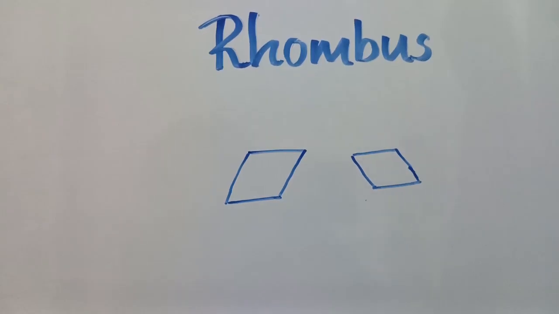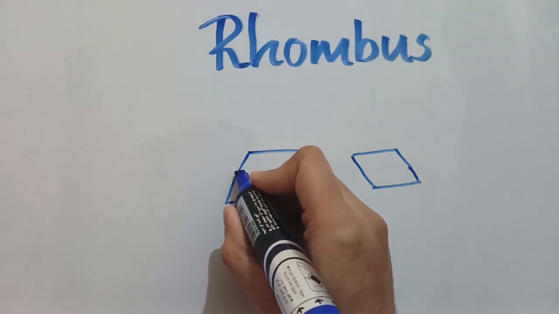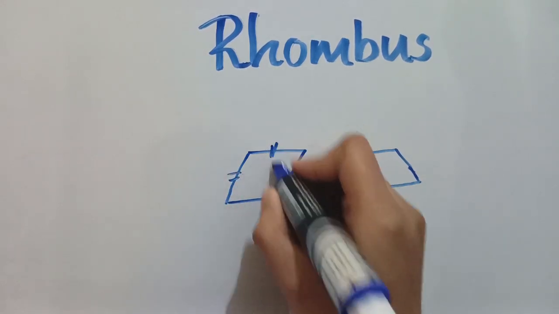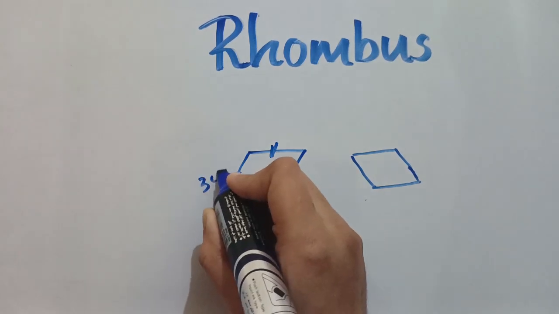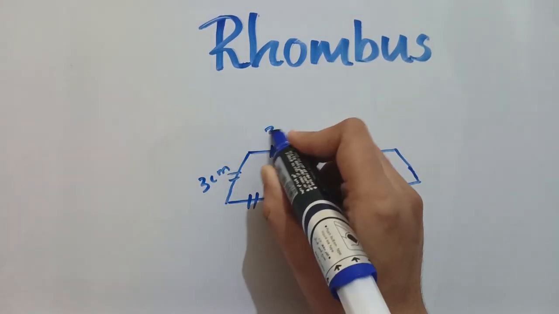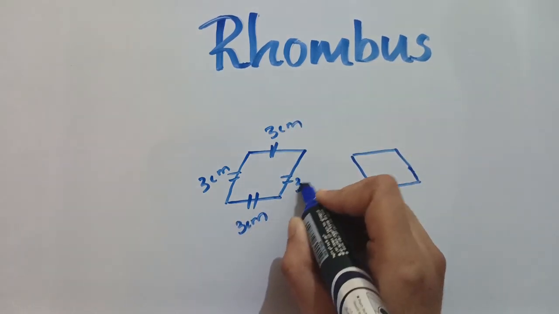Next we can discuss the rhombus. A rhombus is also a parallelogram with 4 congruent sides, that is, 4 sides are equal. We can write these 4 sides are equal. Say one example, if this is 3 centimeters, this is also 3, this is also 3, this is also 3.